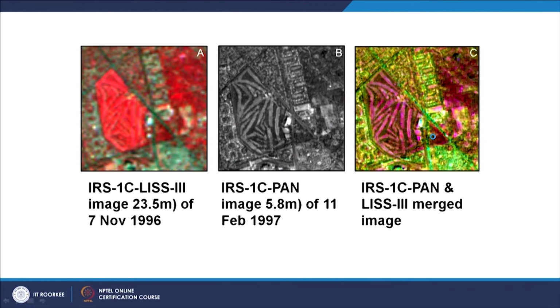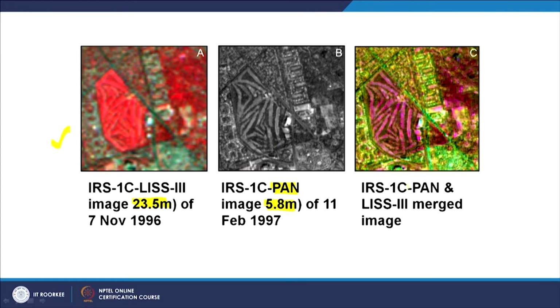So let me bring a more zoomed part of this image, which is a Delhi golf course. As you can see in the FCC image, which has 23.5 meter resolution, the individual holes of a golf course cannot be seen very easily. Whereas in the PAN image, though it is a black and white image, it has high spatial resolution, that is 5.8 meter, and therefore the different holes of this golf course are very much visible.